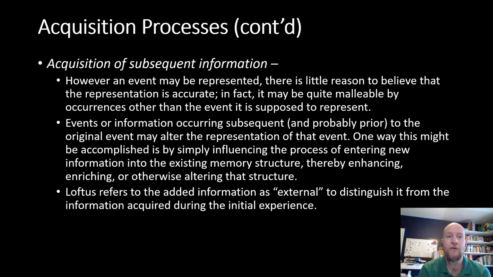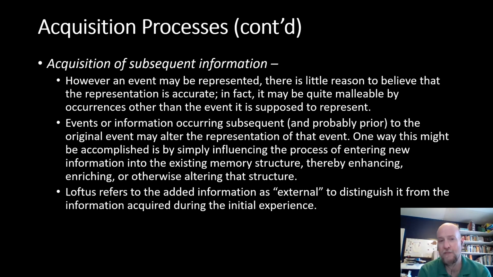Okay, so there's little reason to believe that the representation we form in our memory is entirely accurate. And in fact, we can see from Loftus's research and lots of subsequent research that it's quite malleable, quite changeable, and can be affected and influenced by other events than those it's supposed to represent. So events or information that occur subsequently, and probably in some cases prior to, can alter the representation of the event.